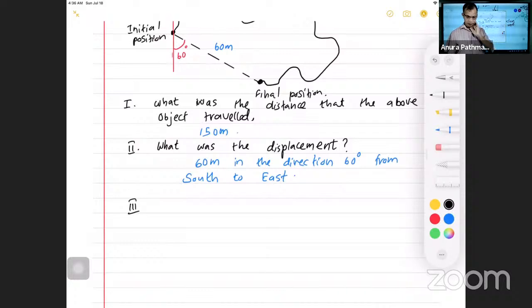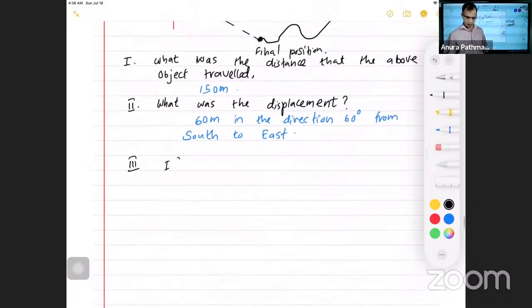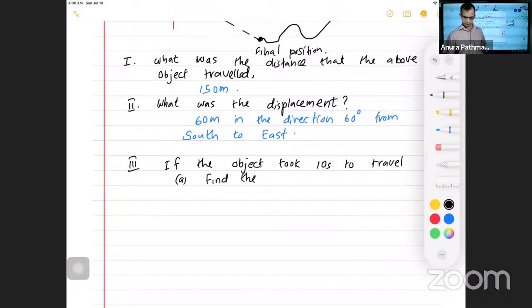If the object took 10 seconds to travel, part A, find the speed. Part B, find the velocity.